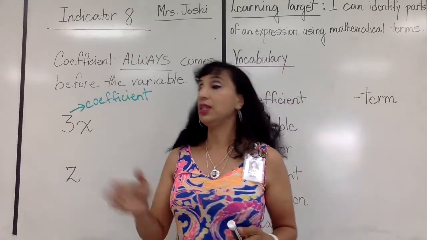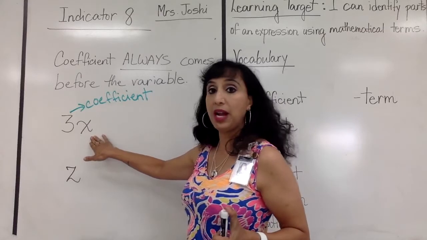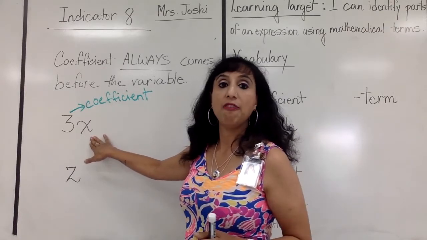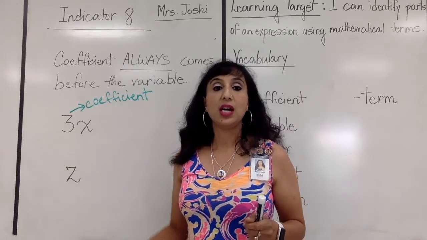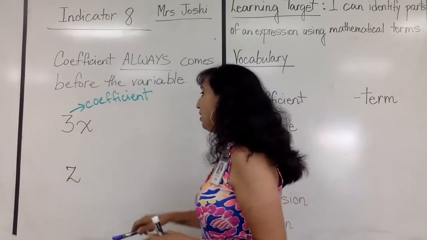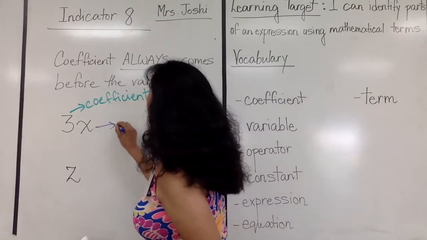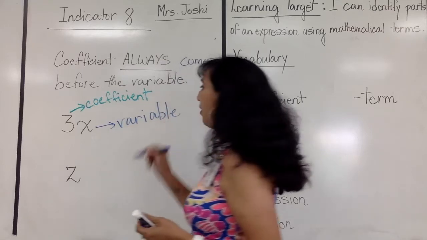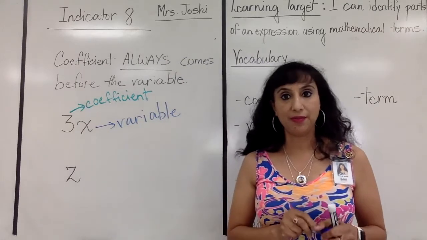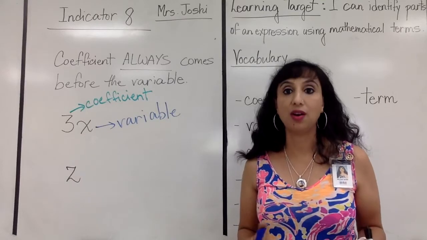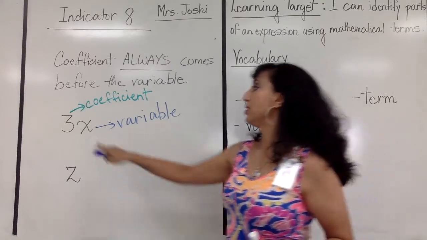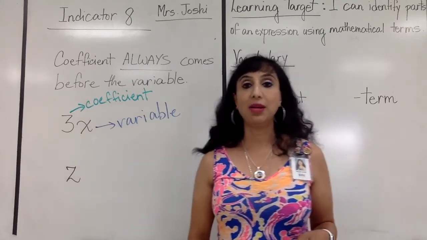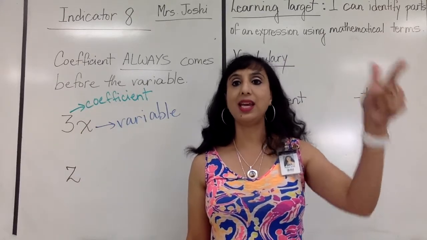And this is a variable, and I'm getting to that. A variable is always multiplied with a coefficient, and a variable represents a number, which we don't have yet. So this is the coefficient, this is the variable. If I'm saying 3x, it means I have 1x, another x, and another x.